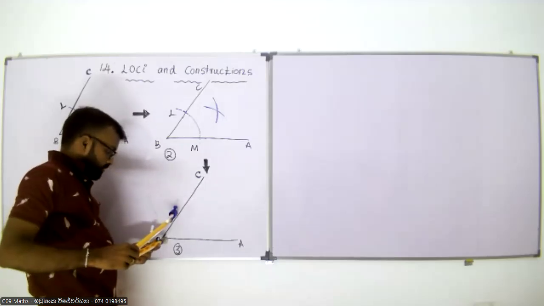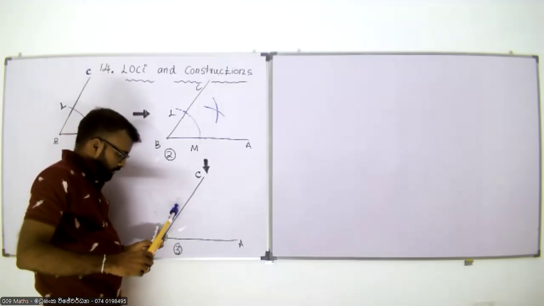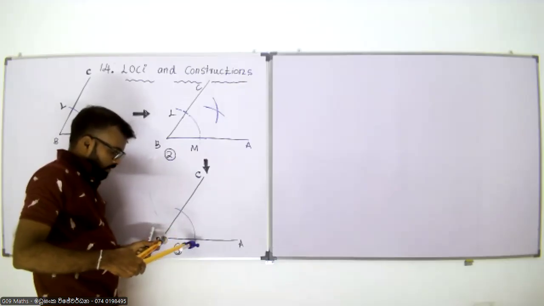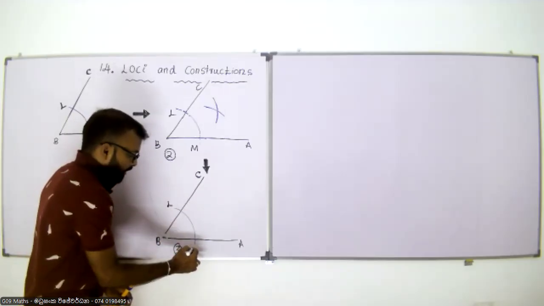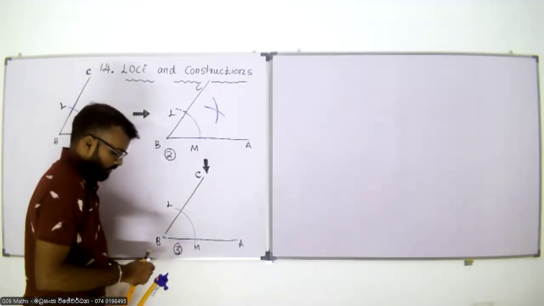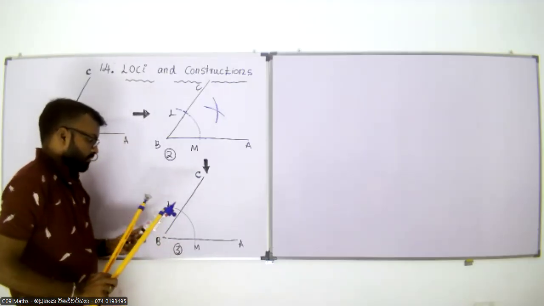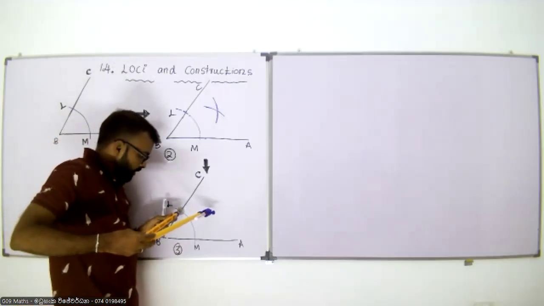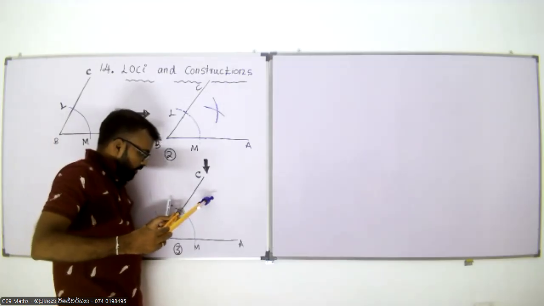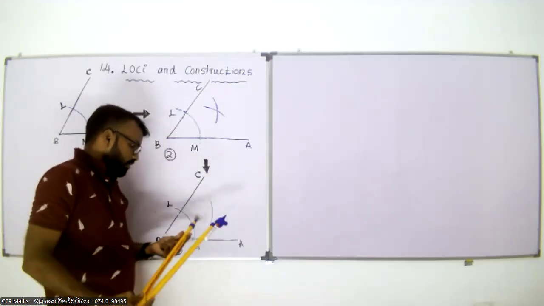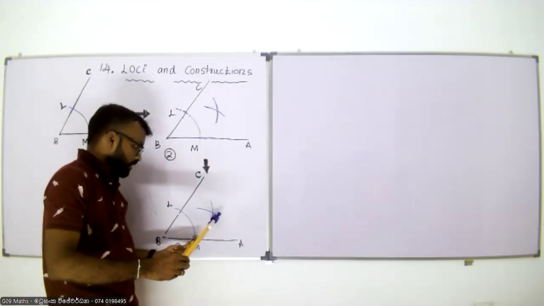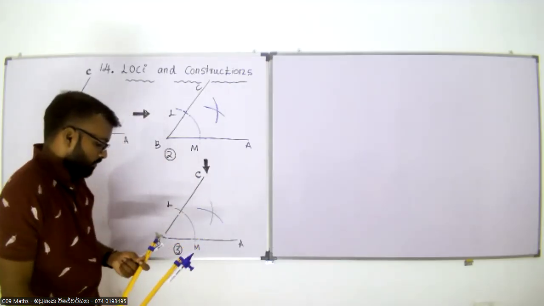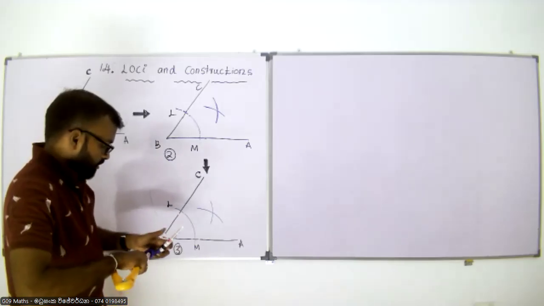Don't change the distance of the pair of compass. Draw the first arcs and name them as L and M. And place your compass on point L. Then draw an arc like this. And place your point on M. Draw the same mark which intersects with the previous arc. Then don't change anything.